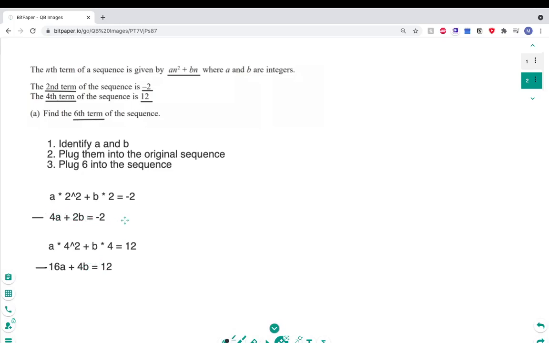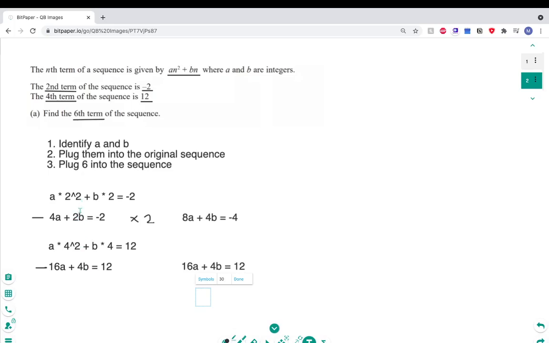So if we double this one, meaning that we're going to multiply both sides by 2, then that's going to leave us with 8a plus 4b is equal to minus 4. And if we see that this one is 16a plus 4b is equal to 12, by doubling it, we're allowing this term to be equal to this term.